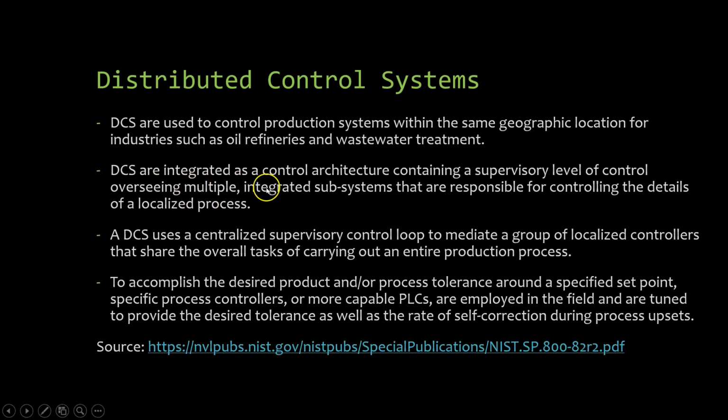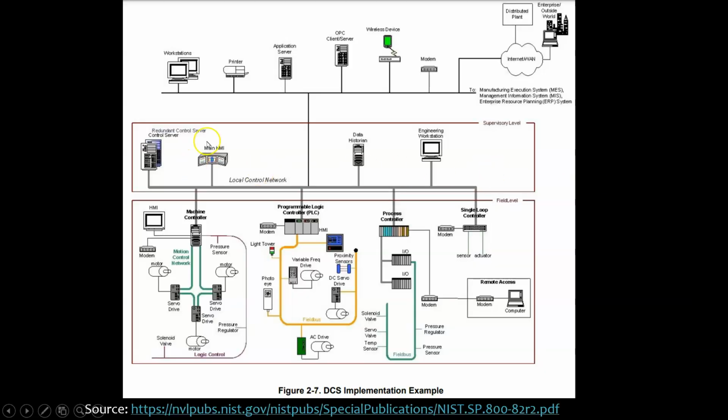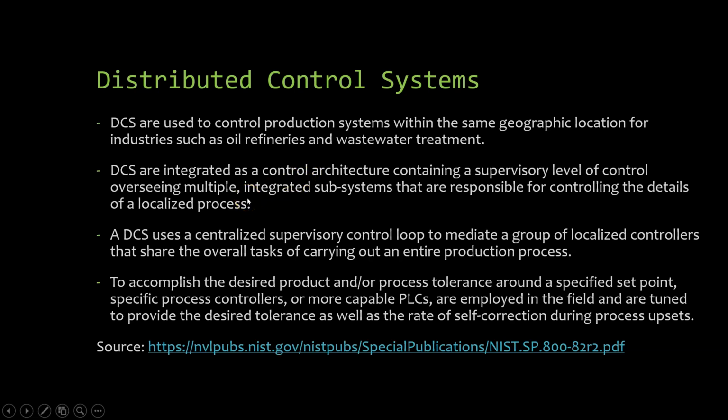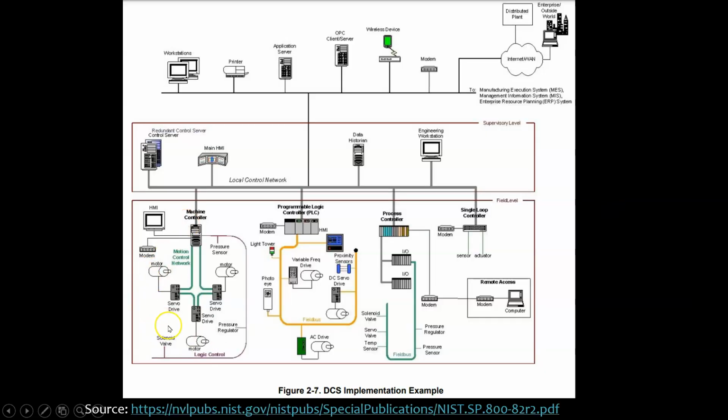So the DCS are integrated as a control architecture containing a supervisory level of control overseeing multiple integrated subsystems that are responsible for controlling the details of a localized process. There is a localized process here in site A, there is a localized process here in site B and in site C, and all of them are sharing the same set of commands which are sent by the supervisory level.